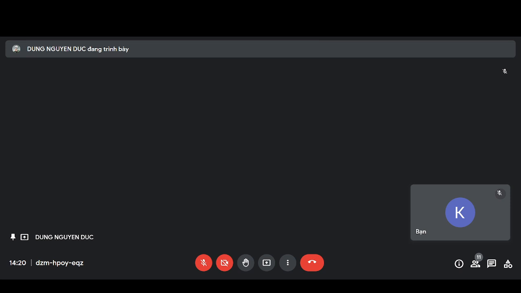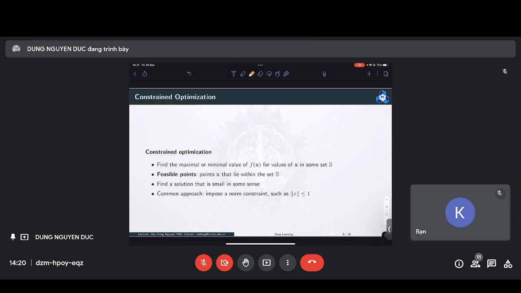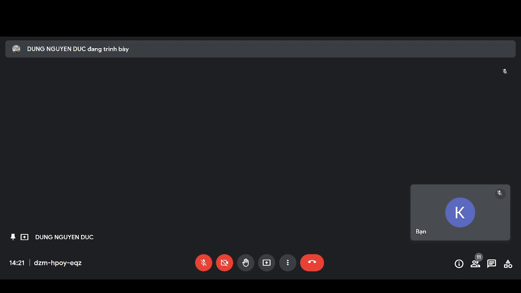Well, the feasible point is some point within the set S. The set S you are seeing here is the set of values that potentially make the function f(x) you want to approximate maximal or minimal.